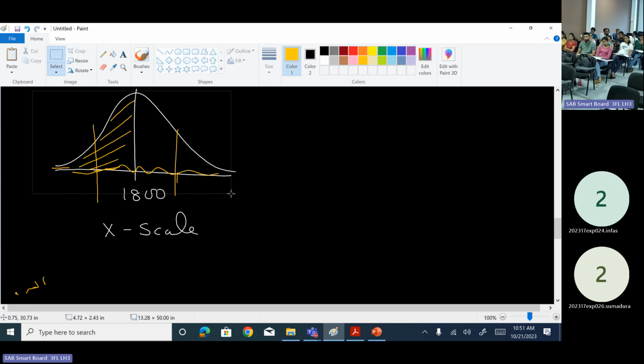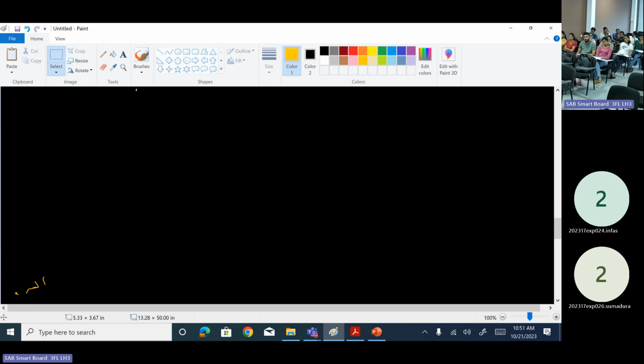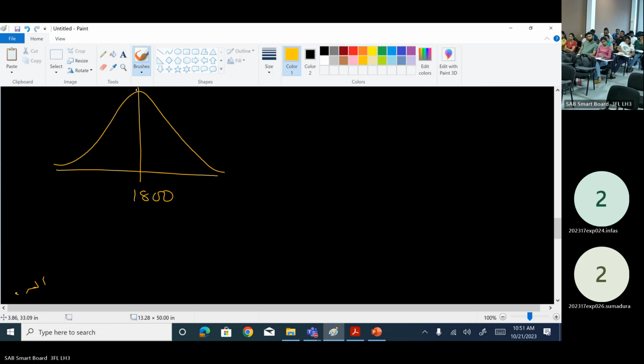So we draw the X scale sketch and we locate. Let me draw. 1008. This is the X scale. Now I have to locate. It should be somewhere here. The value we don't know, so we'll say A. A is the warranty period.